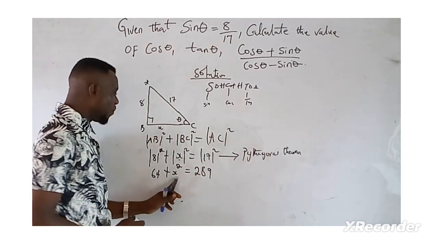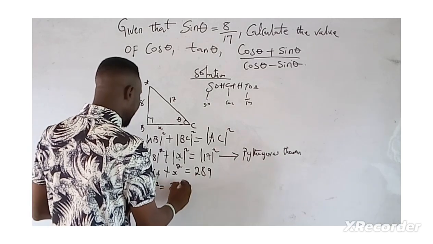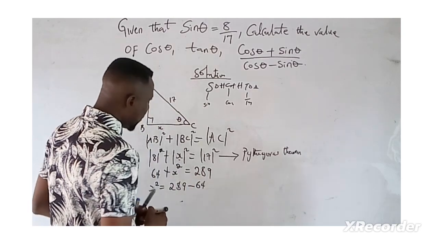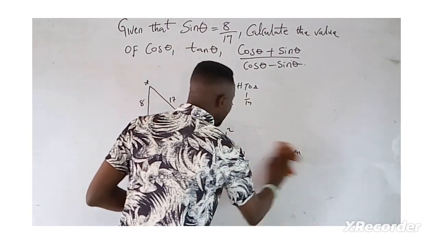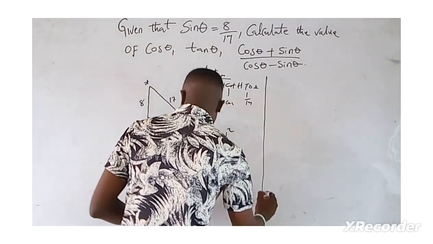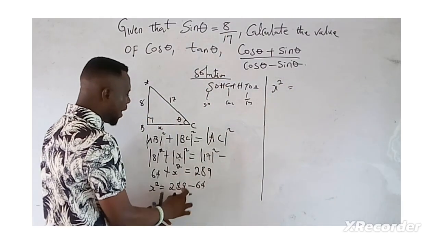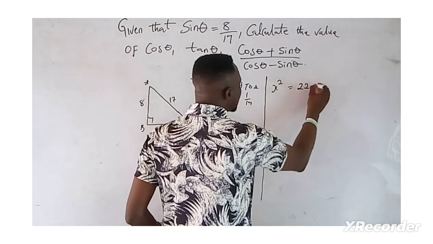To get the value of x, we have x squared equals 289 minus 64. Now, when we take 64 out of 289, it will give us 225.